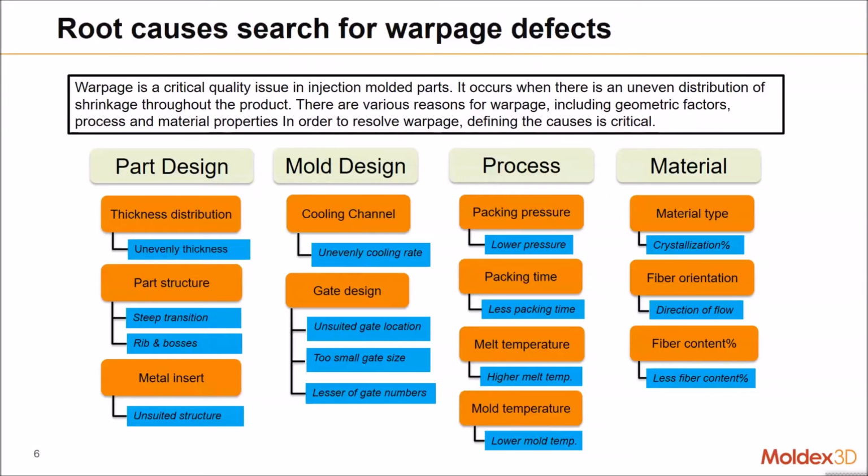And also the fiber orientation is a factor that causes different warpage behavior. Fibers tend to align in the flow direction, especially in the area close to the mold wall. So shrinkage along the flow direction of the fiber orientation is relatively smaller.